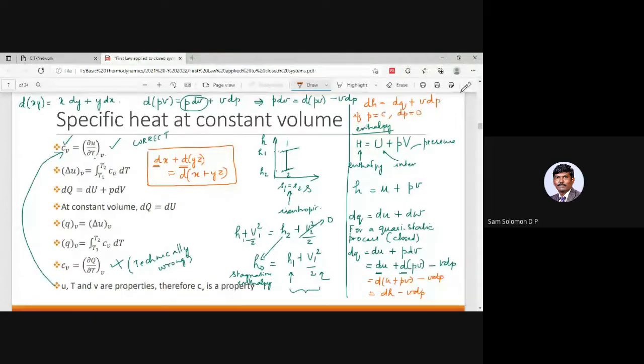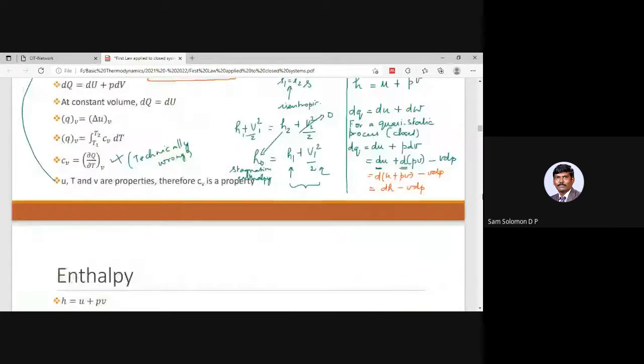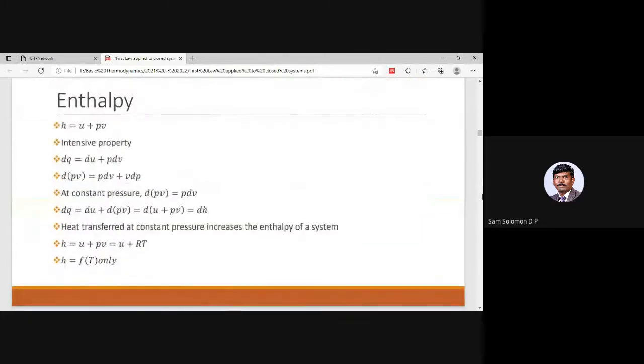So this term will vanish, which means dH is equal to dQ when pressure is constant. Is that clear? So the important takeaway is this definition of H, which is U plus PV. I have shown you this, and that will help us when we talk about specific heat at constant pressure.